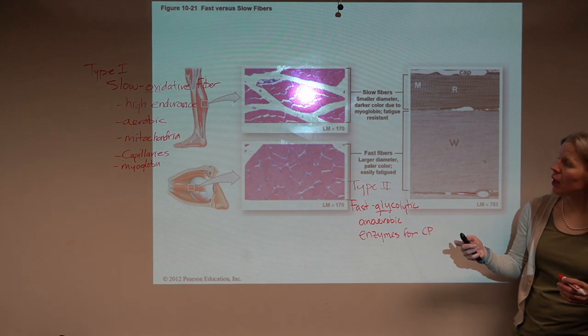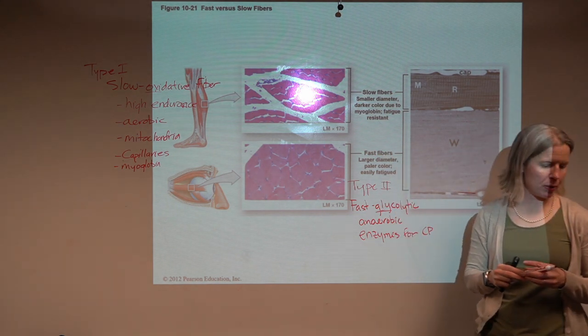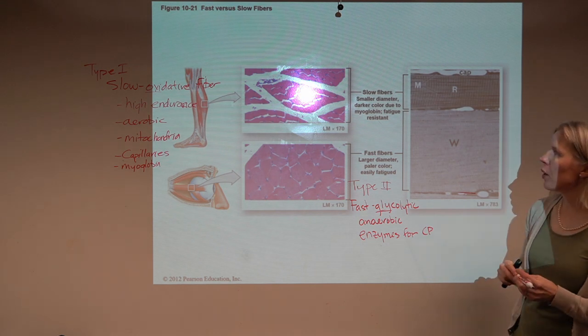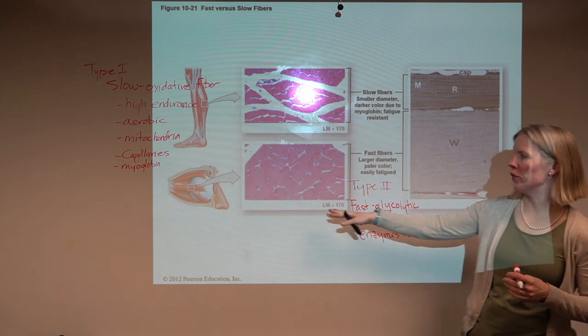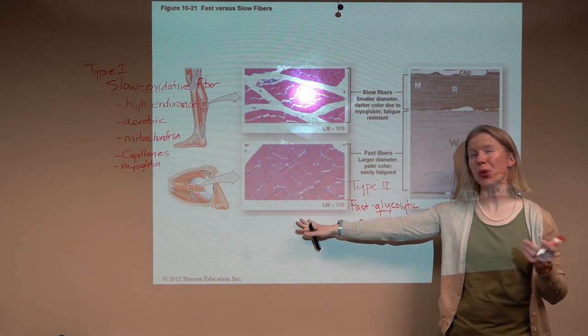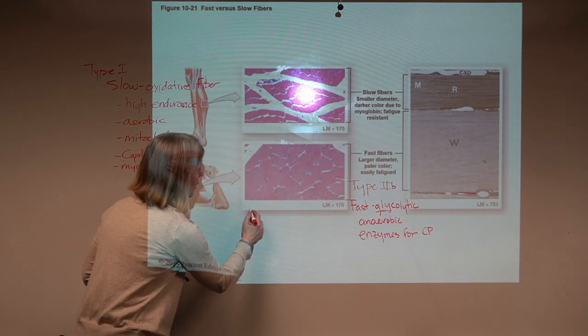Okay? There is also kind of an intermediate between here. So, and so some people call this type 2B, and there's like the intermediate, they'll call it type 2A, if you want to go with that. I'm okay if you just want to call these intermediate.